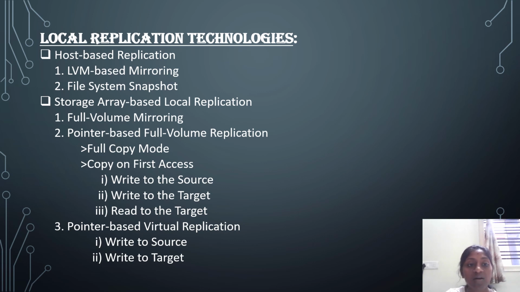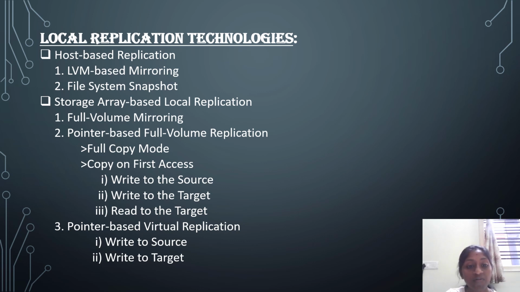The second one, storage array-based local replication, is further divided into three. The first is full volume mirroring, the second is pointer-based full volume replication, and the third is pointer-based virtual replication. The pointer-based full volume replication is further classified into two: full copy mode and copy on first access.